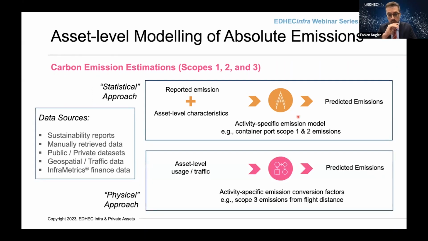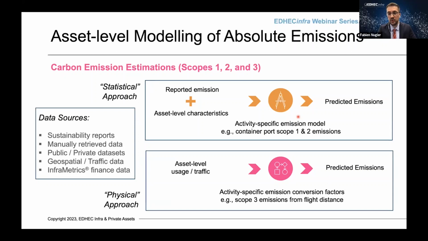And the second approach is more physical-based. So in that case, you don't use reported emissions, you just use asset level data such as usage or traffic. Again, anything that represents the level of operations of those assets and potentially also the size of those assets to understand, again, how many operations happen there.